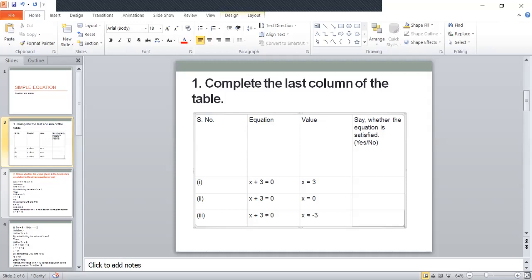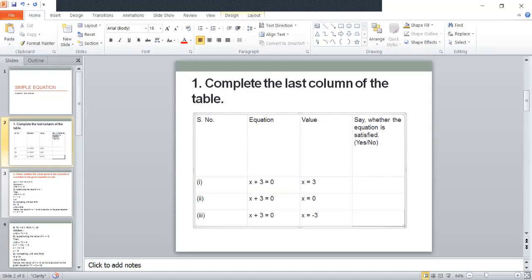Let us check. If x is equal to 3, we just have to put the value of the variable in the place of x inside the equation. If the resultant is equal to the RHS, then it is satisfied, otherwise not.